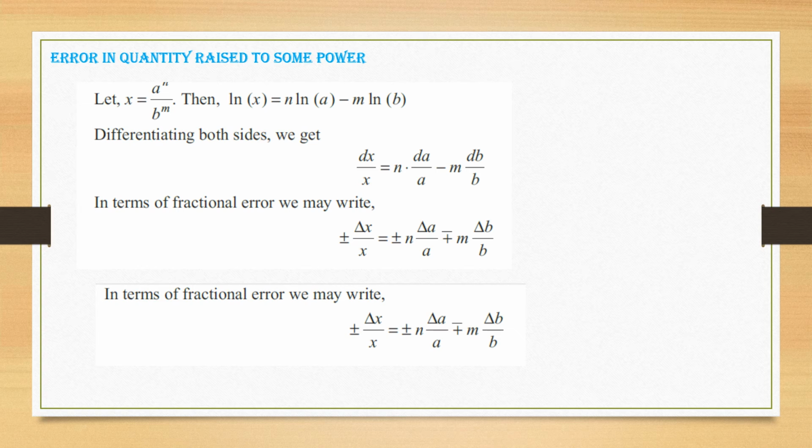Here also we take a plus, because we want the maximum possible error. So plus the power of the second quantity times its relative error.